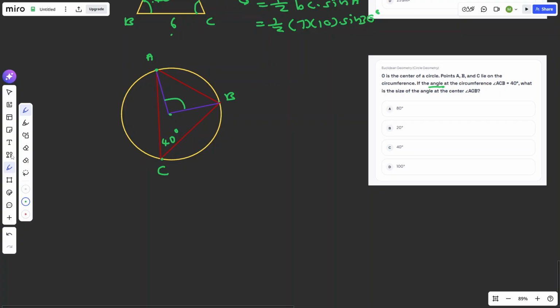So the theorem that we're going to consider here is the angle at the center being twice the angle at the circumference. And visually, when you look at it, you can clearly see here that the angle at this point here looks almost twice as big. Okay.